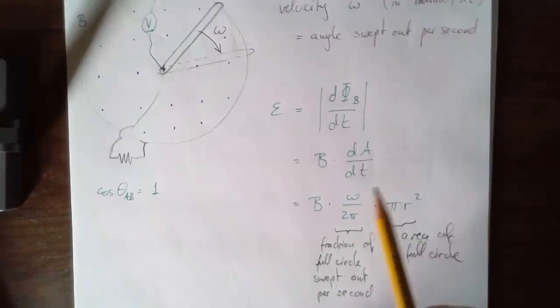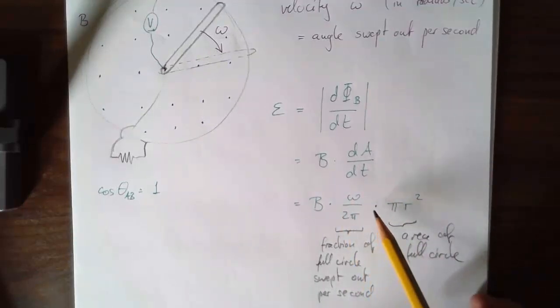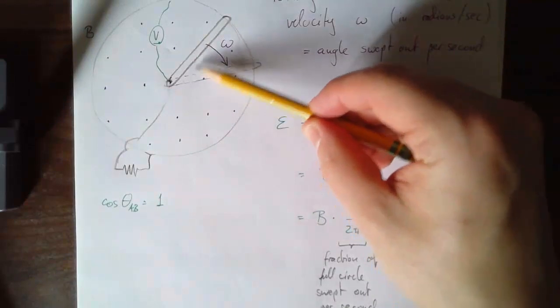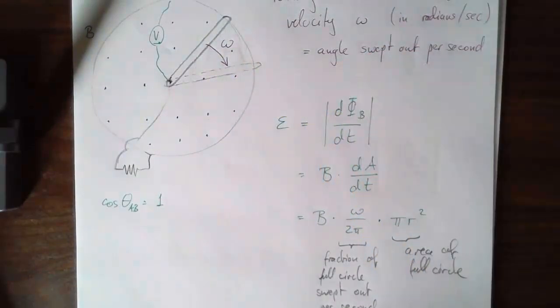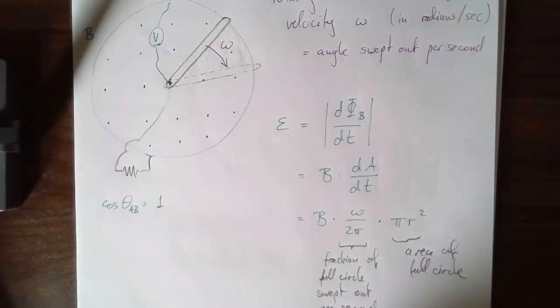So multiplying those just gives me the area that's being swept out, the area of my little pizza slice.